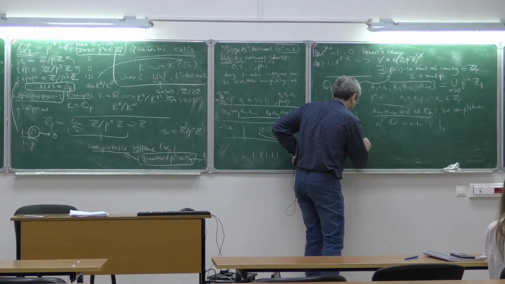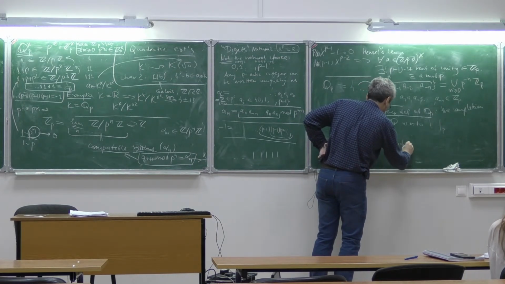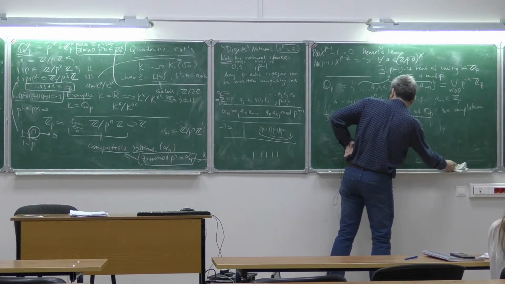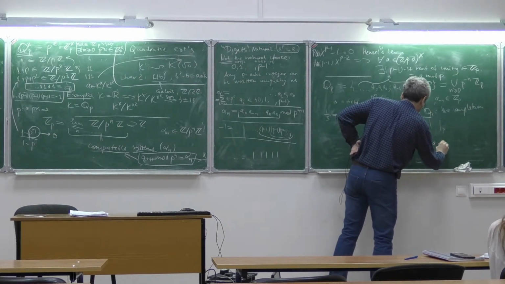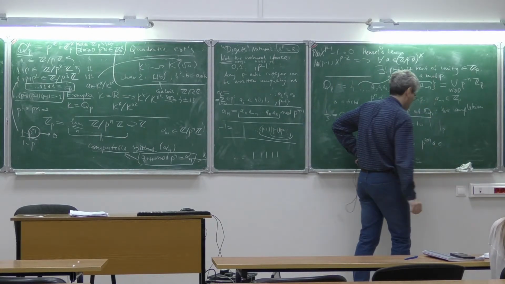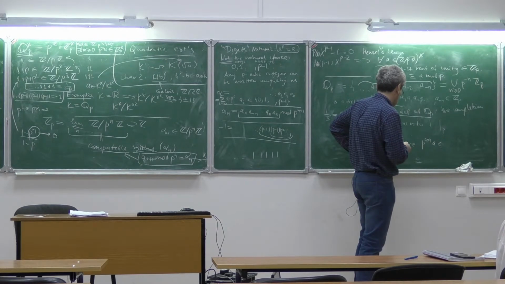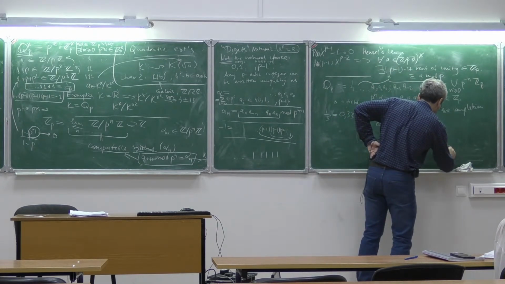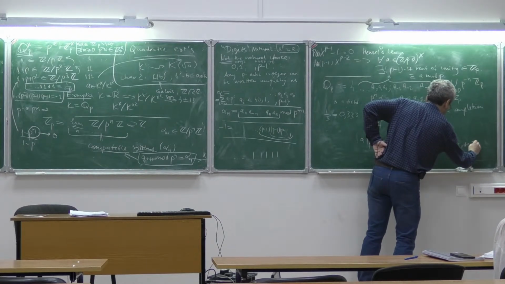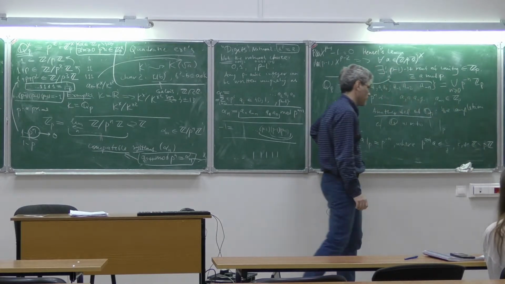The norm of A is p to the minus n, where A is p^n times C over D, where C and D are integers that are not divisible by p.